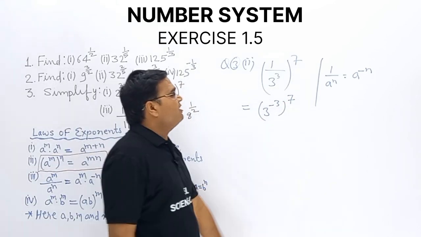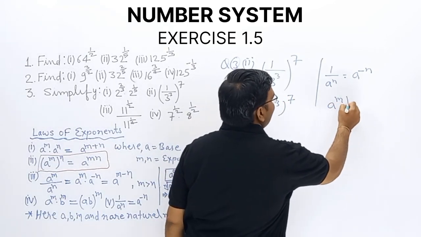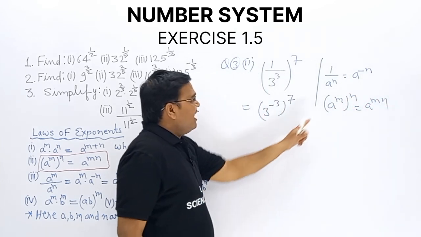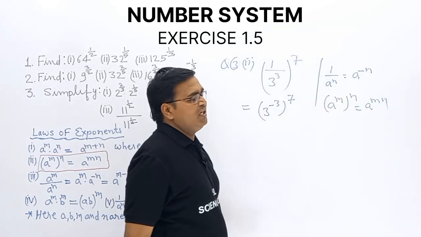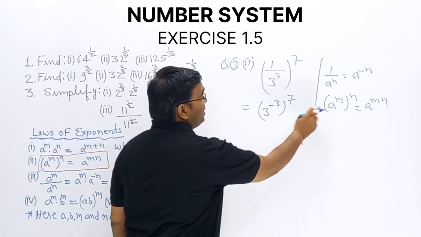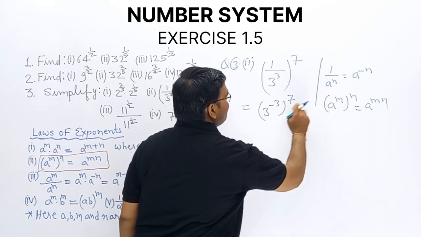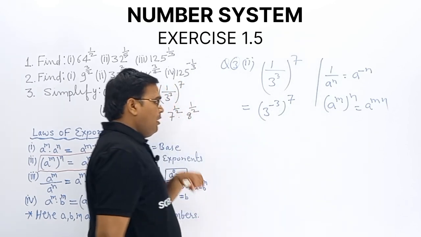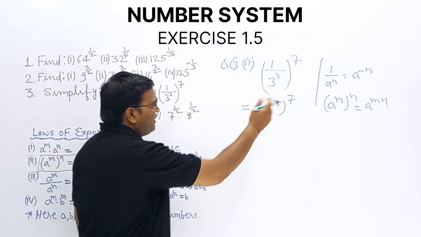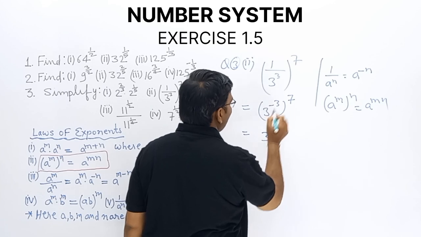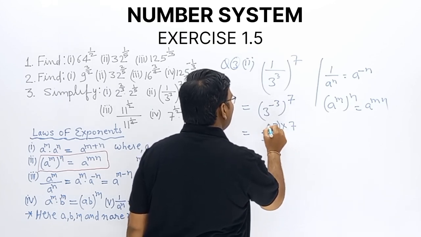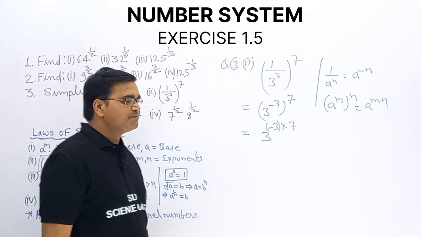Now this is a standard form, a power m whole power n. It will be a power mn. m is minus 3, n is 7, a is 3. So we will apply this formula there. 3 power minus 3 into 7, negative number, so I am using bracket there.